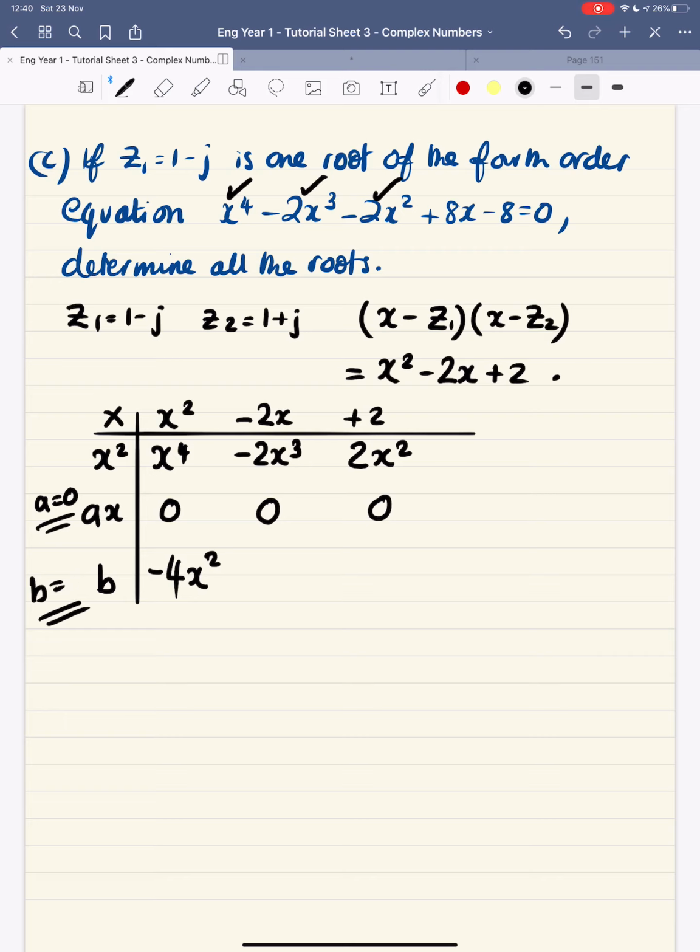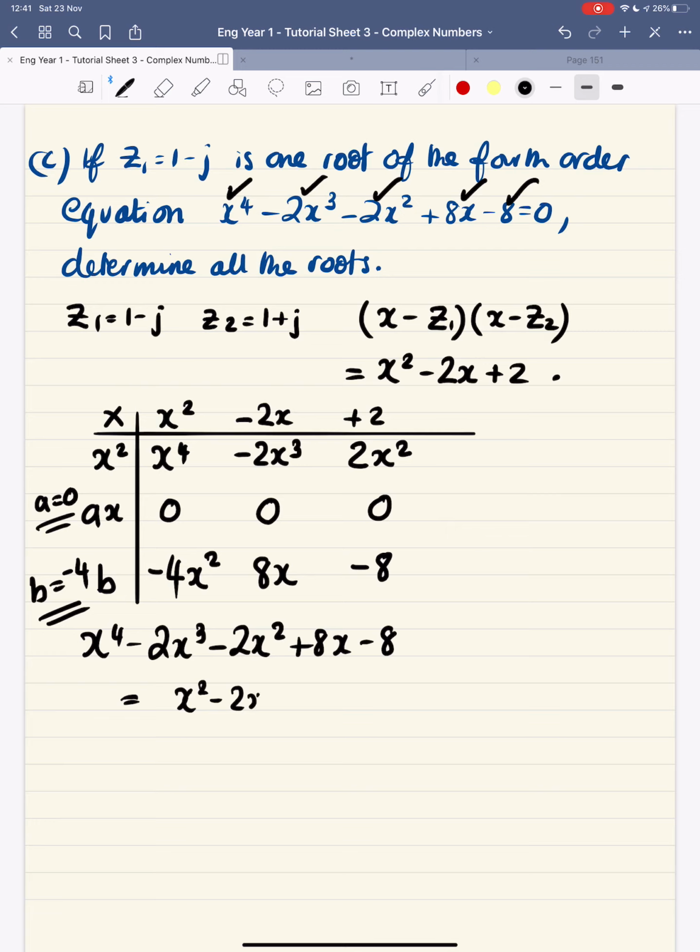That's better. So then minus 4 times minus 2x is 8x. Good. And then the last one, minus 4 times 2 is minus 8. Good. Okay, so we've got x to the 4 minus 2x cubed minus 2x squared plus 8x minus 8 is x squared minus 2x plus 2 times x squared minus 4.